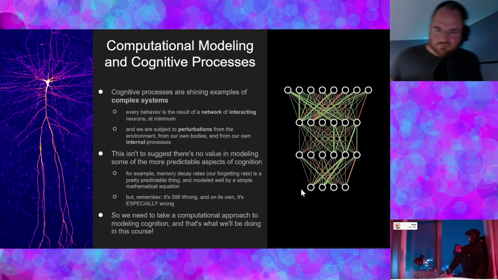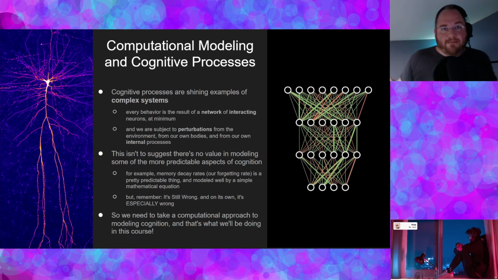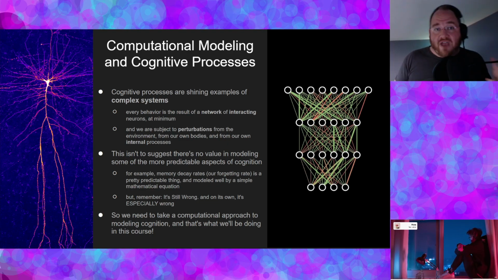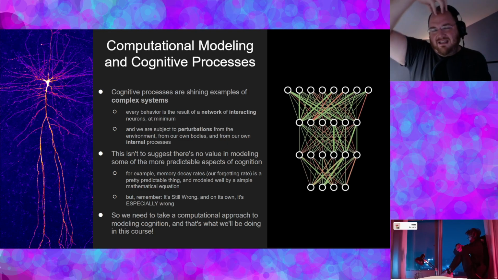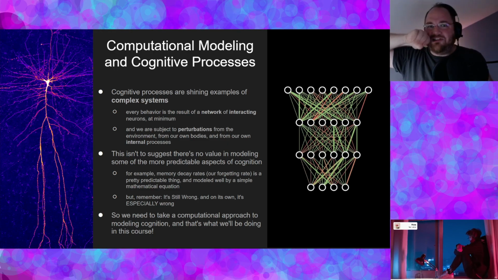So, cognitive processes, which go to the other lecture, are shining examples of complex systems. You know, every behavior is the result of a network of interacting neurons, at least, not to mention all the other things that are happening in your body, in the outside world, in the chaotic storm of maybe you're in a bad mood, so things up here are affecting things like what you say to people.